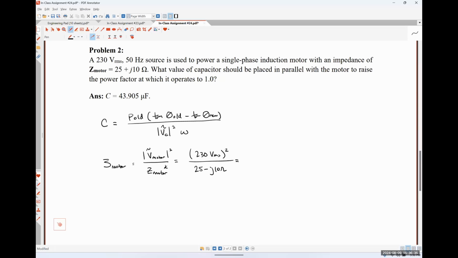Stop hitting the wrong buttons, that would be great. So I get 1,964.657 with an angle of 21.801 degrees volt amperes in polar form, and in rectangular form, I get 1,824.138 plus j729.655 volt amperes.